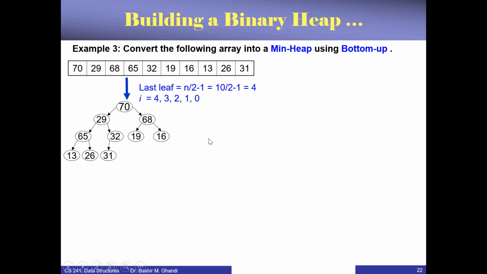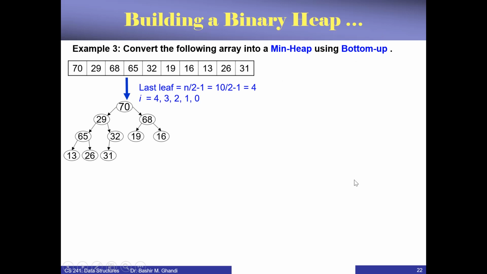So it means we're going to vary our i from 4, 3, 2, 1, 0, going up the tree. This is number 4, then number 3, then number 2, then number 1, then number 0. So we are going up the tree. This is why it is called bottom up.